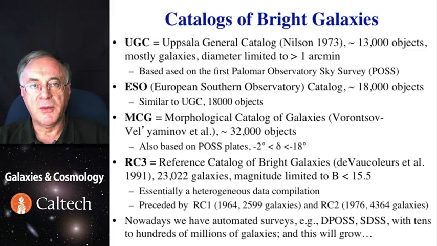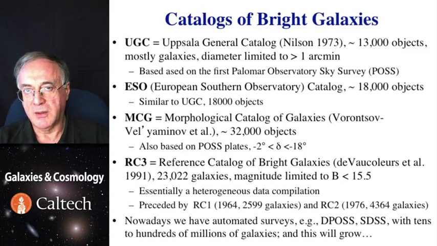And the most notable of those is the Uppsala General Catalog, which has the designation UGC, and that cataloged all galaxies on the northern sky down to an apparent angular diameter of about 1 arcminute. Notice, this was an angular diameter selection and not a magnitude selection, which is more common.